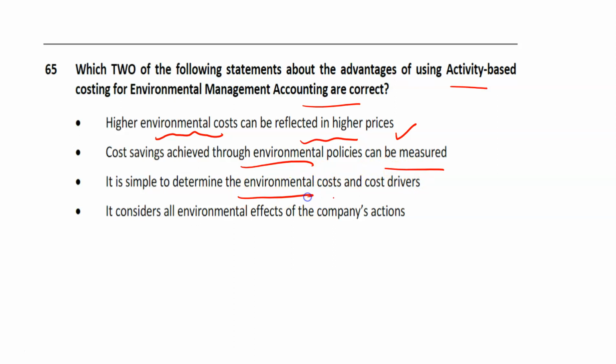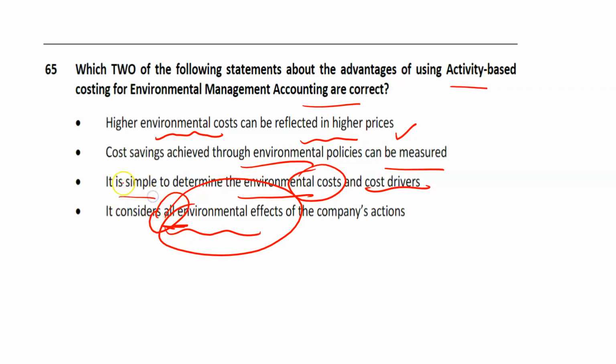It is never simple determining environmental costs and therefore the drivers. And you just can't consider all of them, there are so many effects the company has that it'll be difficult to consider all. I think these are what's giving it away: the fact that it says all, and the fact that another says it is simple. It isn't simple. So unfortunately these 2 fall out. They're not correct. So the answers are the first one and the second one. And that's 65. Cool, great stuff.